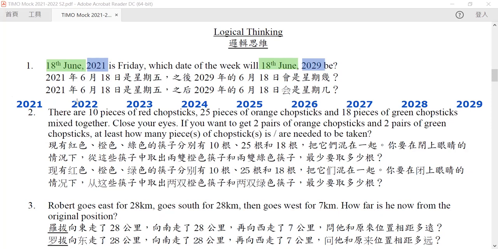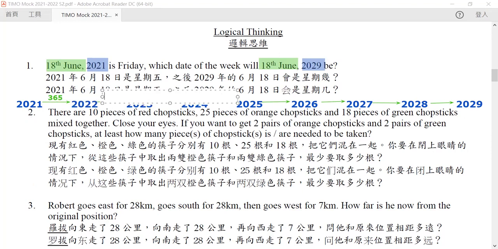Now, how many days are there for each year? How many days have passed for you to go from June 18 of 2001 to June 18 of 2002? Notice the days that have passed are the same as the number of days for that year. So to go from 2021 to 2022, exactly 365 days have passed, because this is exactly the number of days of the year 2021.